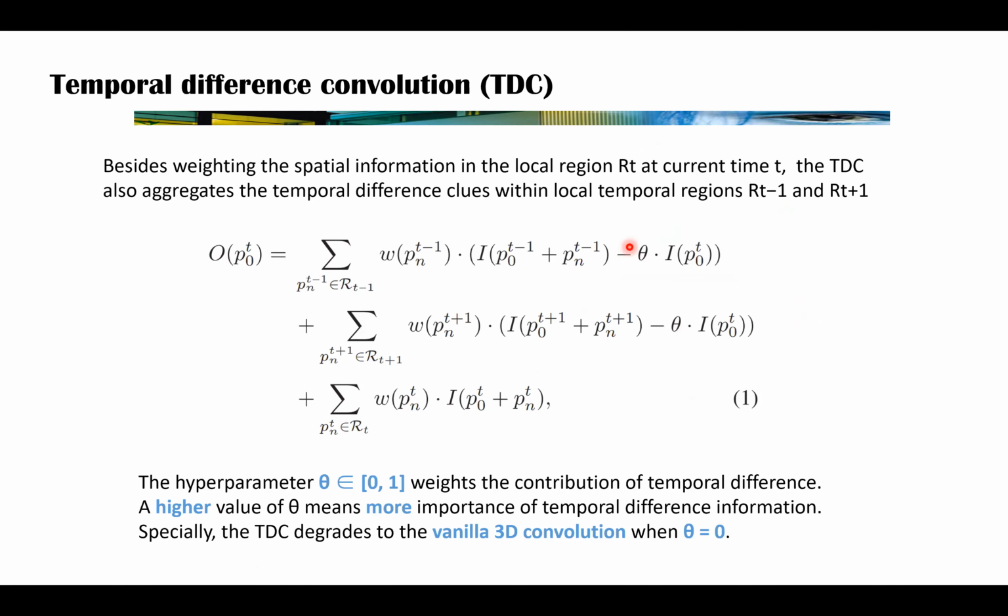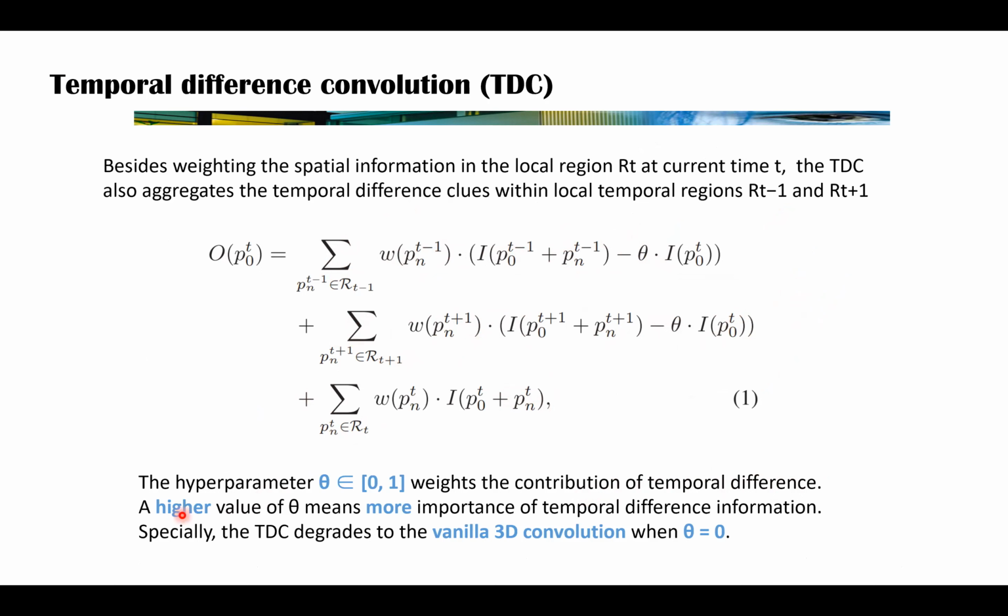If we use an equation to represent it, we can represent it like this. This is the current frame, the 2D convolution, right? This is the temporal difference convolution in the t-1 frame, and this theta controls the contribution of the temporal difference, and this calculates the temporal convolution in the future frame.